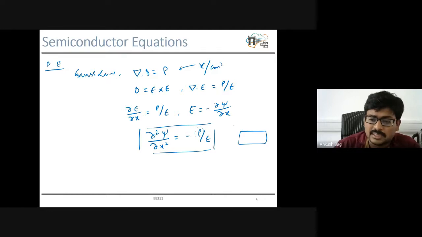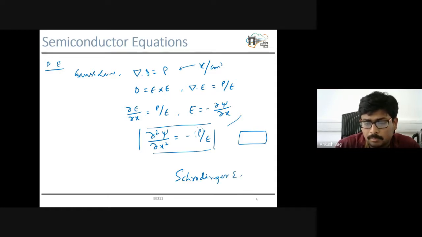One of you mentioned in the initial classes that there is something called Schrodinger's equation. I'll not go into it in detail.